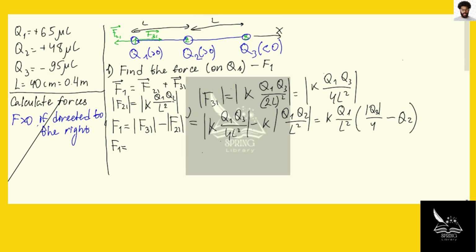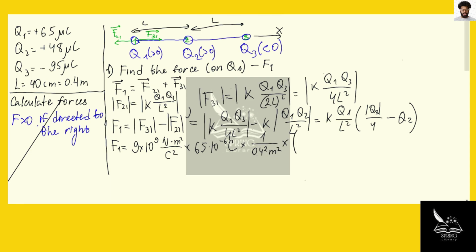Now let's complete the calculation. F1 equals 9 multiplied by 10 to the power of 9 newton meter squared per coulomb squared, multiplied by 65 multiplied by 10 to the minus 6 coulombs, because we have to convert microcoulombs to coulombs, multiplied by 1 over 0.4 meter squared. Again, we have to convert centimeters to meters.